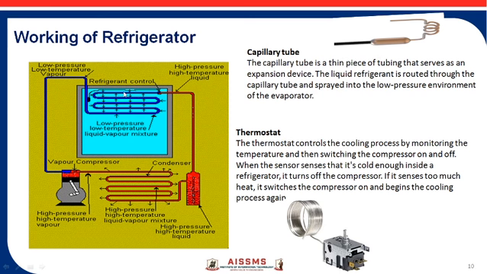On the left hand side, we have shown how the refrigerator works. If you follow the cursor, first we go with the compressor. The compressor converts low pressure vapor refrigerant into high pressure vapor refrigerant.